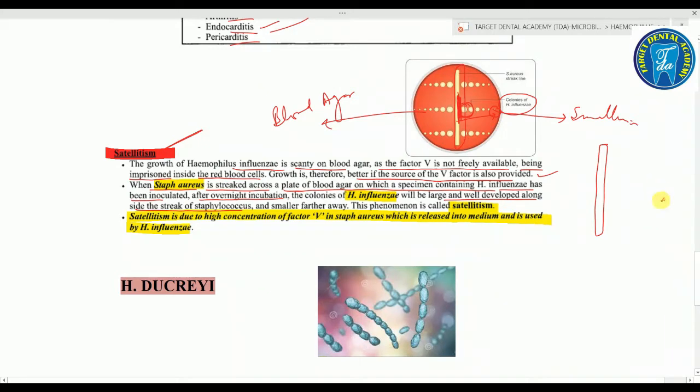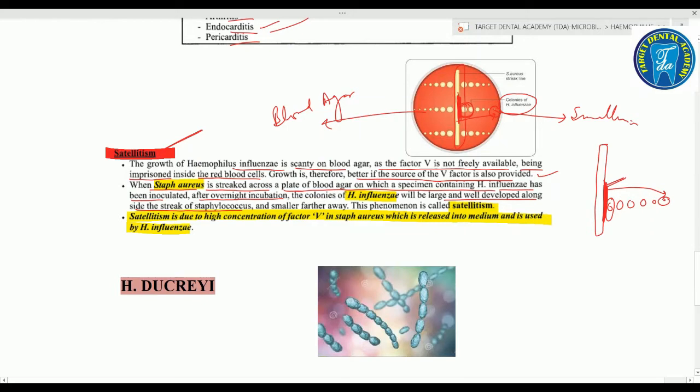The colonies of H. influenzae are larger and well developed along the side of the streak of Staphylococcus aureus, and they are smaller when they are farther from this streak. Fine, that is why it is known as satellitism.